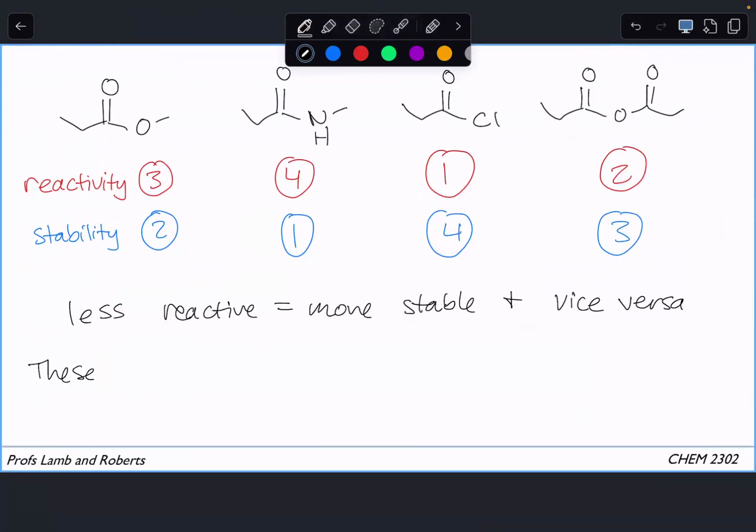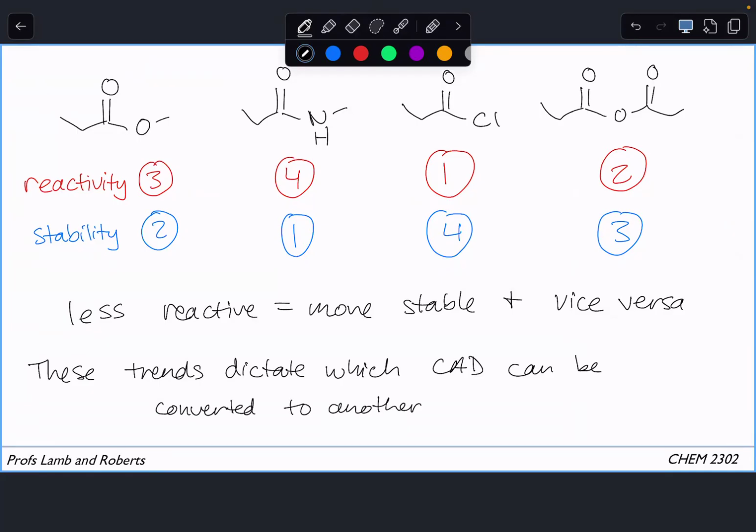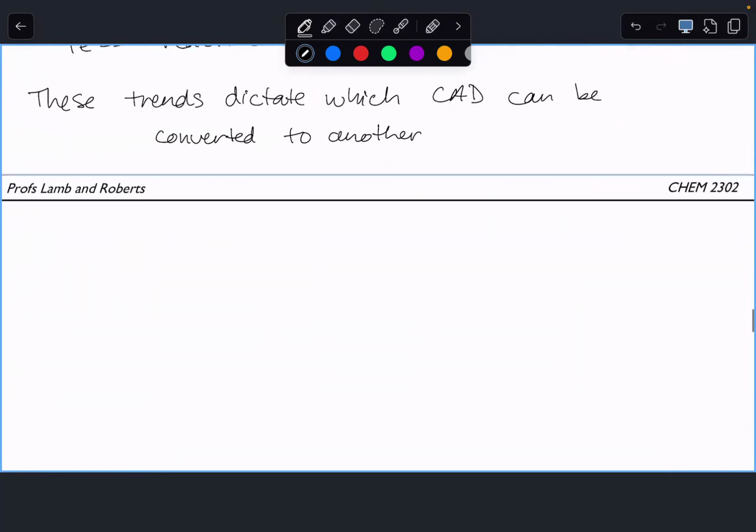So these trends dictate which CAD can be converted to another. So I'm going to make a little bit of a chart. I'm a big chart person to summarize what we just talked about and then explain what I mean by this.